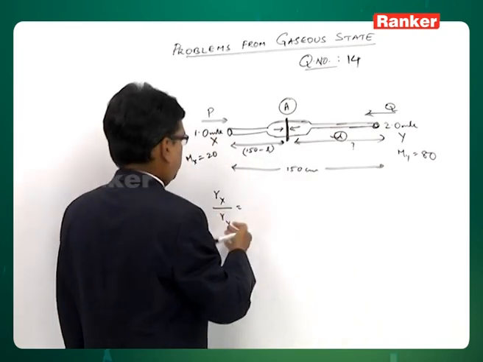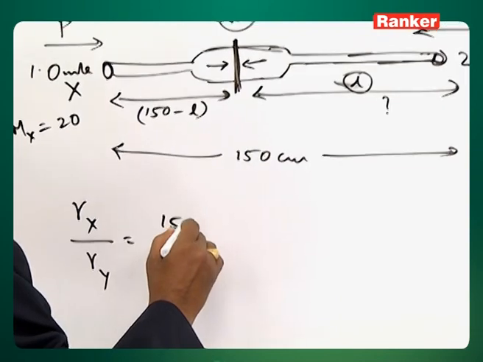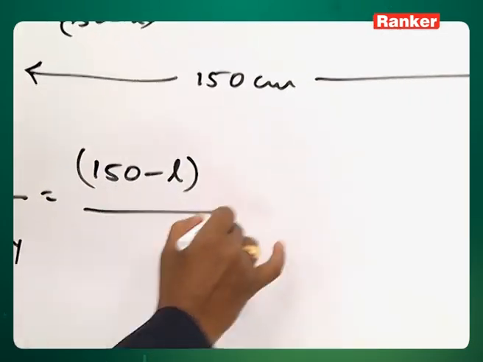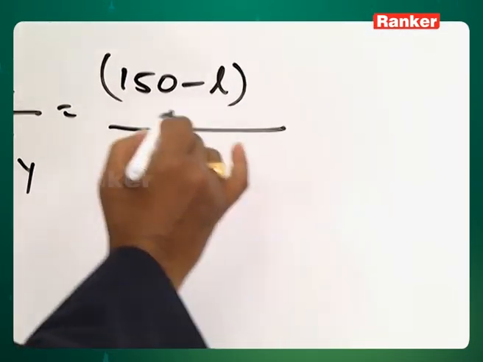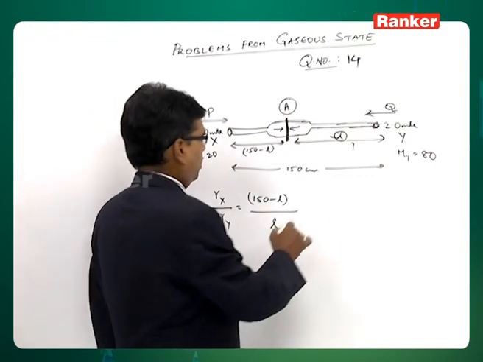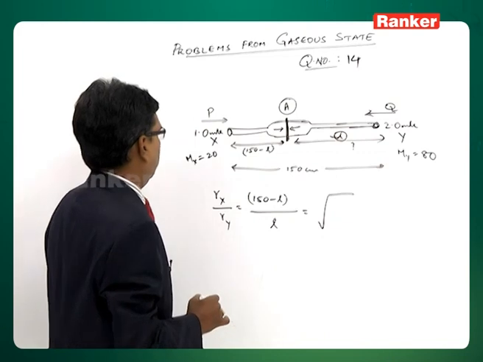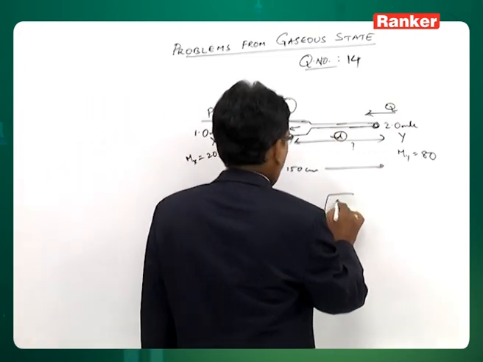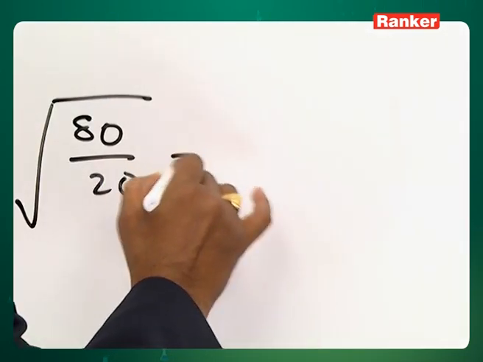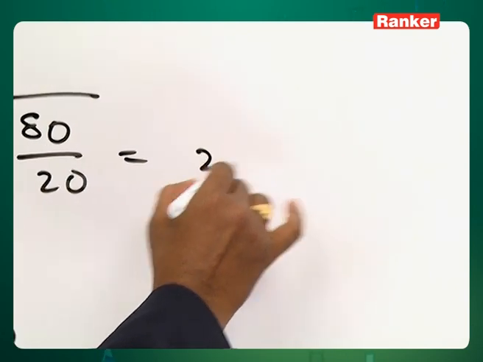So, Rx by Ry is equal to 150 minus L, the distance travelled by X, divided by L, the distance travelled by Y, which is equal to root over M2 by M1, the molecular weight of Y over X, that is 80 by 20, which is root 4. So, it is equal to 2.